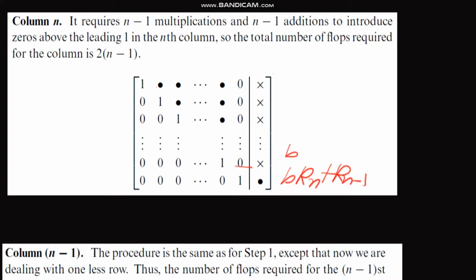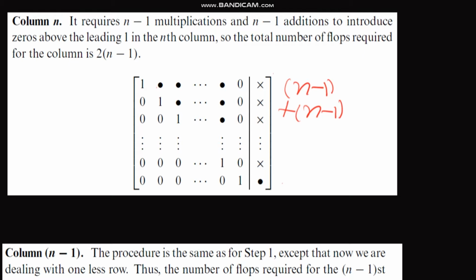Except for this element, you have to multiply with n minus 1 entries. Similarly, you need to add n minus 1 times. Here there are n minus 1 rows, so you need n minus 1 multiplications plus n minus 1 additions.